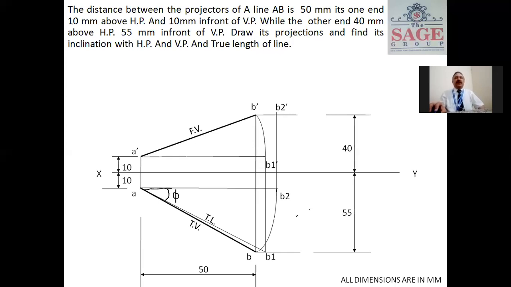Now join B2 dash to A dash. This is again the true length, and this angle is the inclination from HP, that is theta. Now we can check these true lengths. Both true lengths should be the same. This completes our problem.